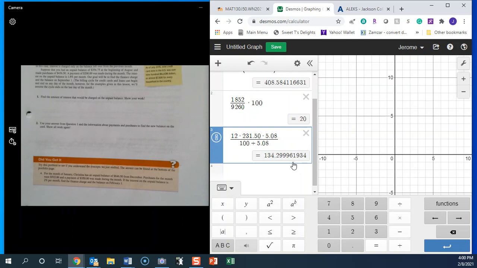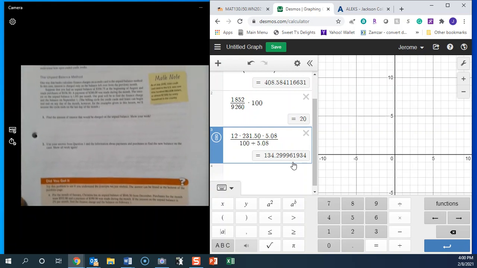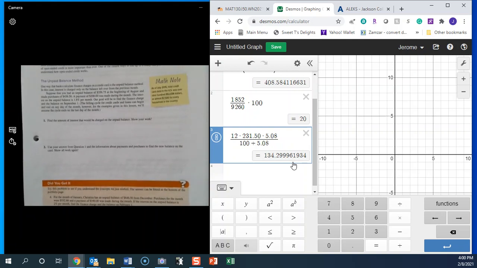Now we have the unpaid balance method. It says one way that banks calculate finance charges on a credit card is the unpaid balance method. In this case, interest is charged only on the balance left over from the previous month.